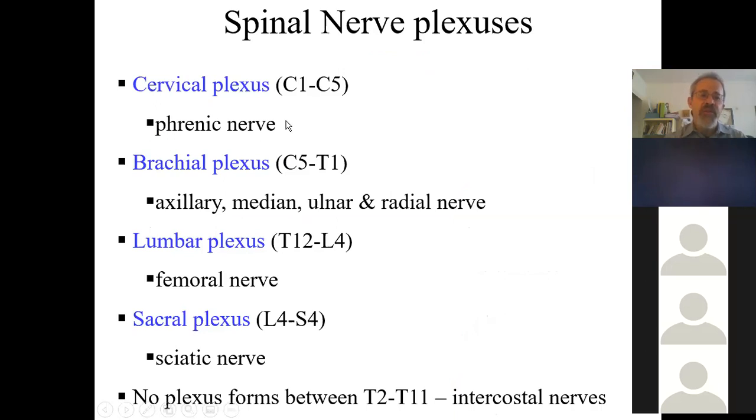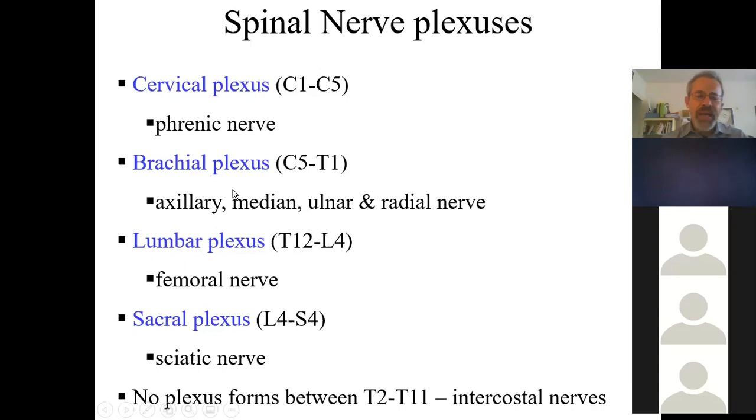The main nerve associated with the cervical plexus is known as the phrenic nerve. We'll learn a lot about this when we start talking about the respiratory system, because this is the nerve that innervates the diaphragm, which, as all of you guys know, is a very important, well, necessary muscle for breathing. So the phrenic nerve is important and it innervates the diaphragm.